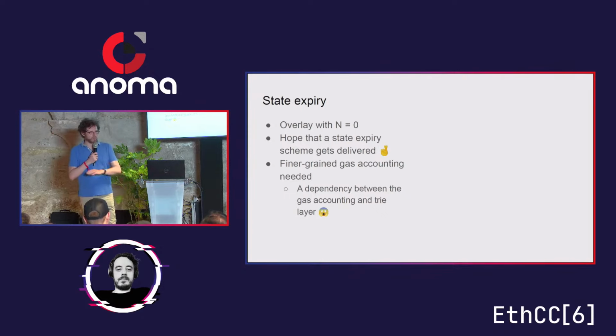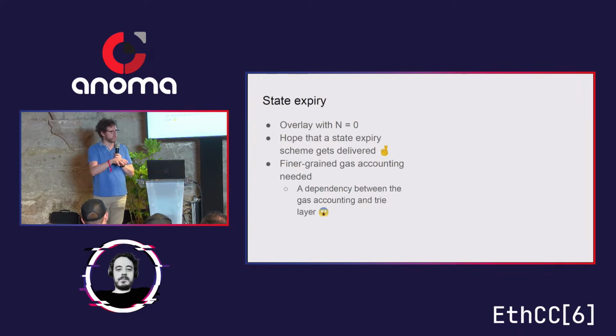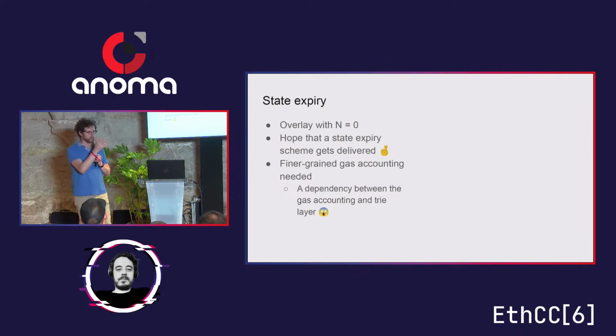So you keep the MPT forever, supposedly, until hopefully someone in the future comes up with a plan to implement state expiry, at which point you forget about the MPT, and if someone needs something that was in that MPT, they need to provide some proof that it was there. But like I said, this feature does not exist yet, so we're basically kicking the can down the road.